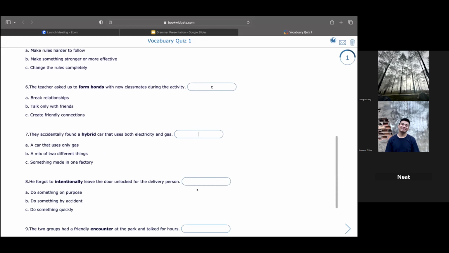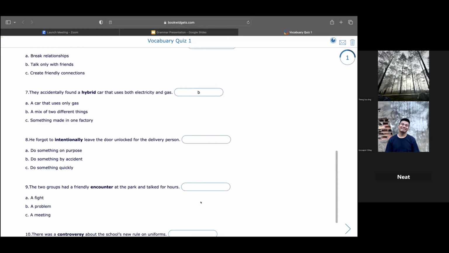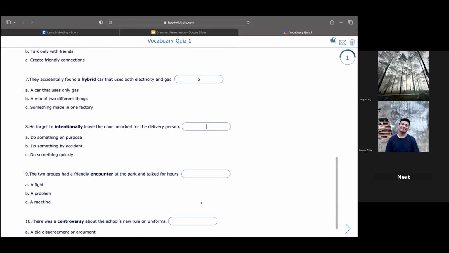They accidentally found a hybrid car that used both electricity and gas. A mix of two different things. B. Yes. Number 8. He forgot to intentionally leave the door unlocked for the delivery person.